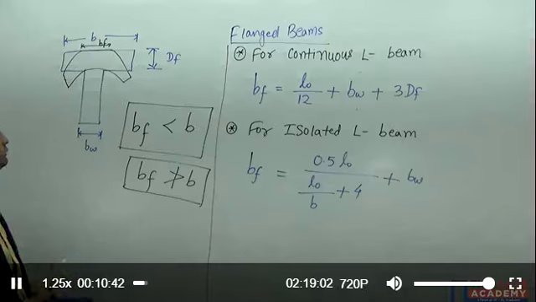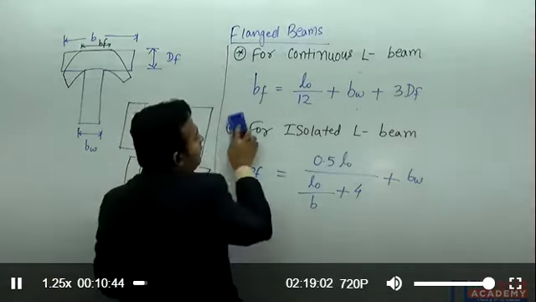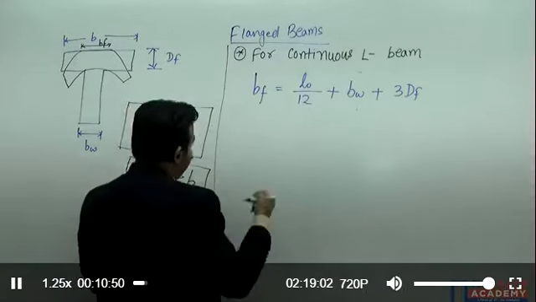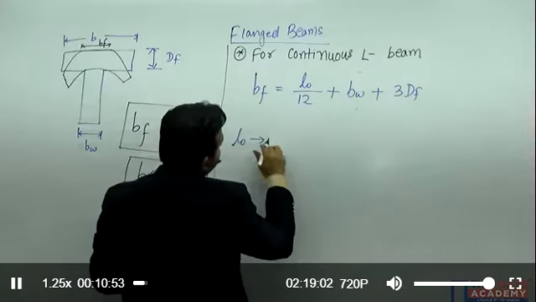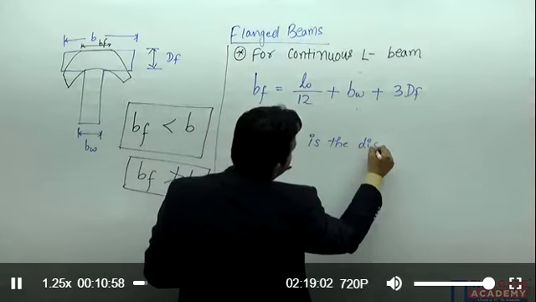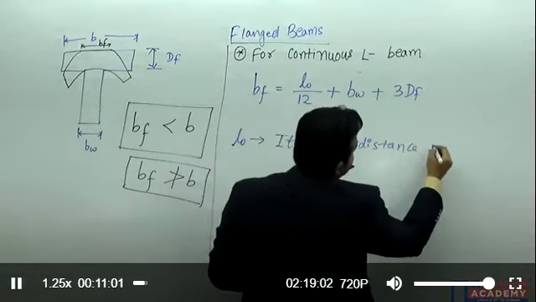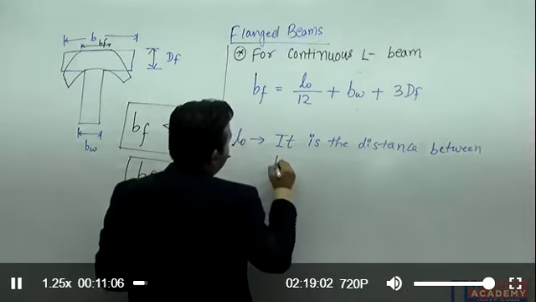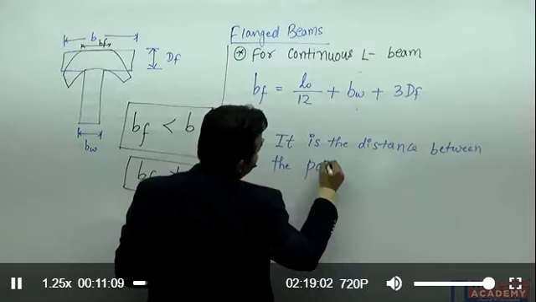Right? So what is L0? L0, write down, is the distance between the points of contraflexure.